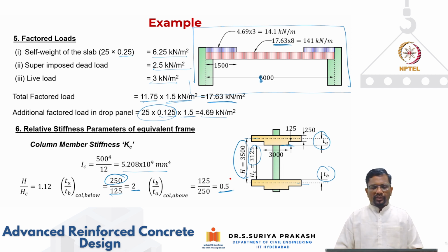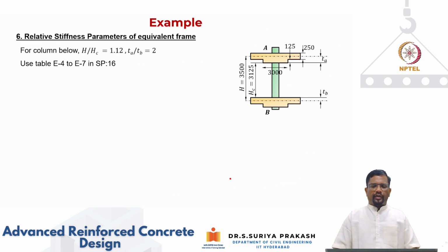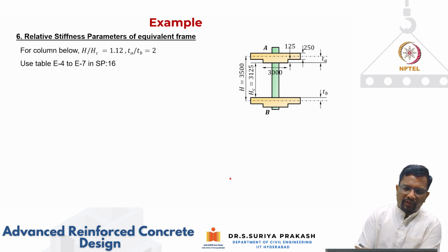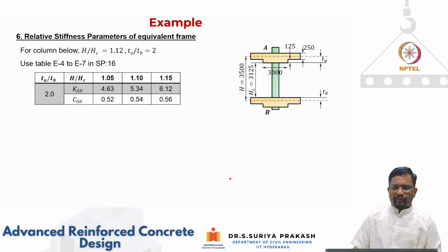Okay. So using this ta by tb value and h by hc value, we can go back to the tables that are given there, and find out what these stiffness parameters are. So for ta by tb equal to 2, the h by hc in this case is 1.12.